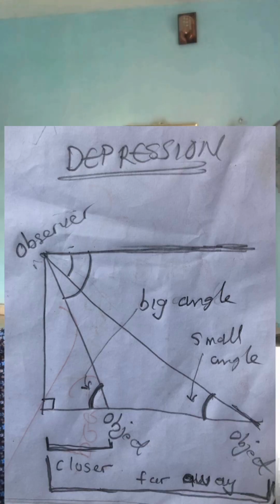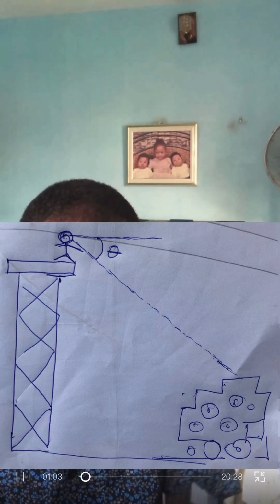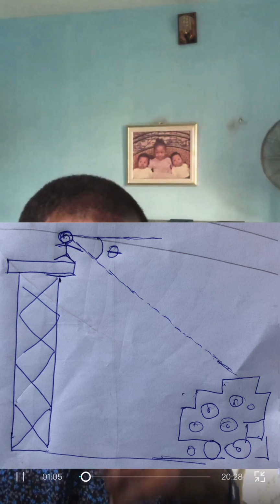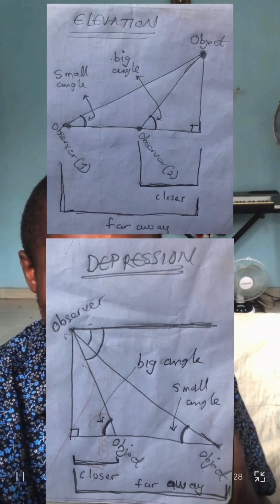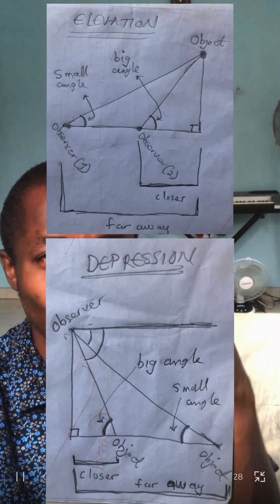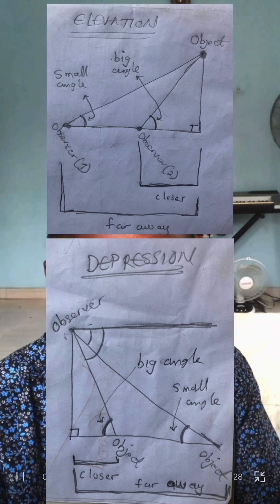Today I'll be talking on angle of depression. Whenever they mention angle of depression, it means the observer is looking down. It means what he is looking at is below his normal height level. So there are things that are common to both angle of elevation and depression. One of them is this: the closer the object is to an observer, or the observer is closer to the object, the more the angle of elevation, or the more the angle of depression.